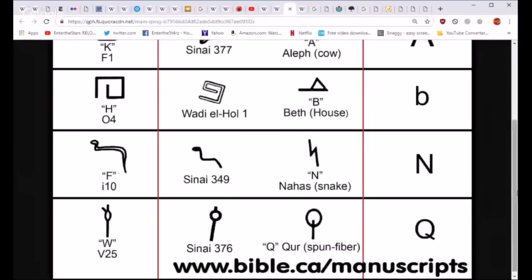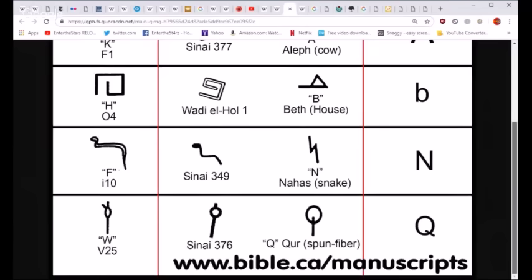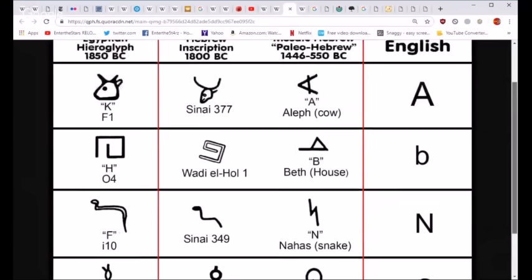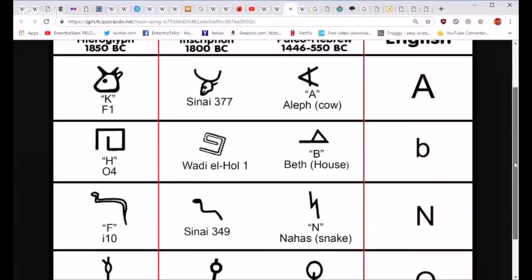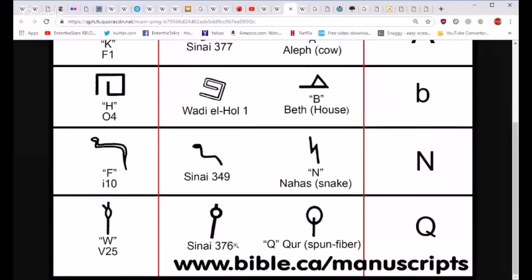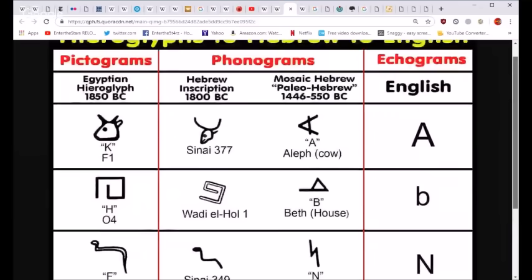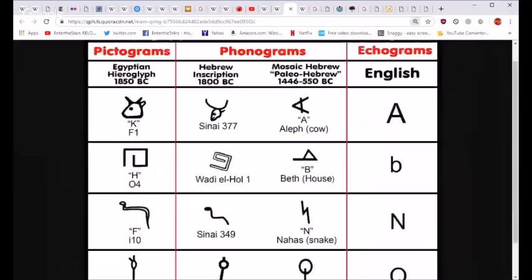Oh, we've got some more images of this Q before we move on here. This is hieroglyphs to Hebrew to English, okay? So this is another historical timeline of the letter Q as it has come down through the ages. This is showing ancient Egyptian, 1850 BC.